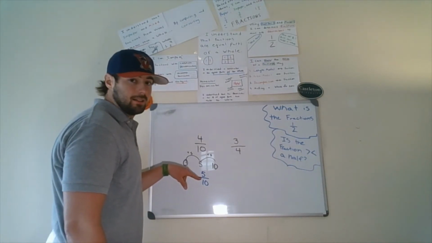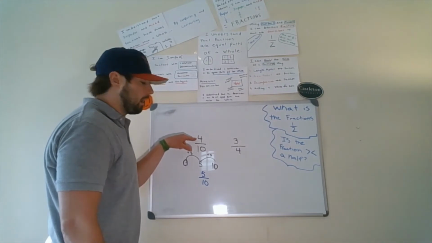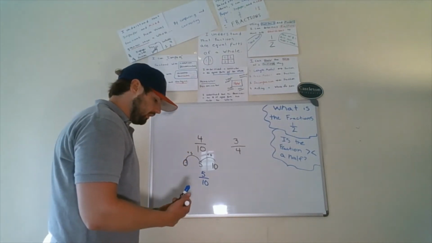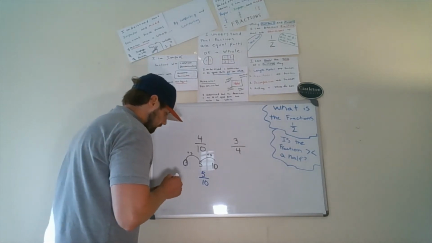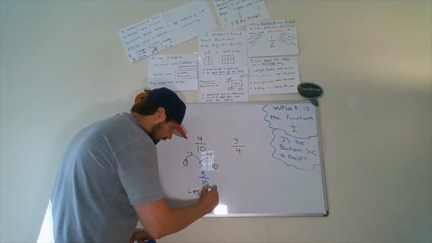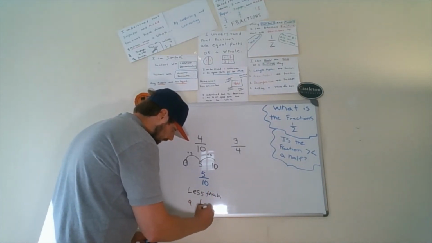Half of tenths is 5. The fraction we are comparing is 4/10. It is 1/10 less than a half. It is less than a half.